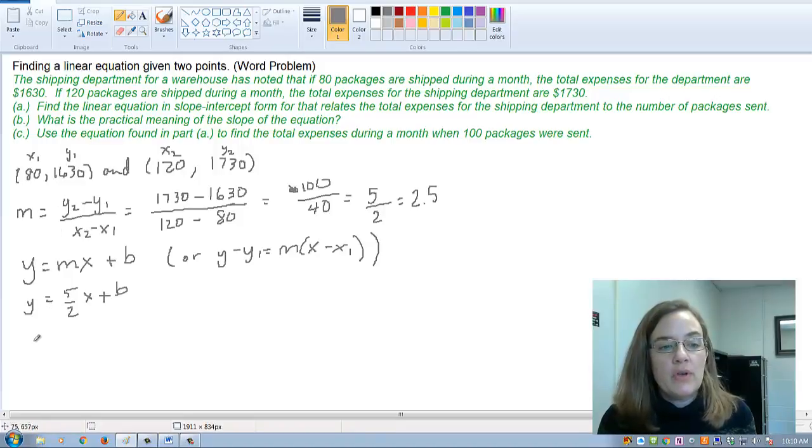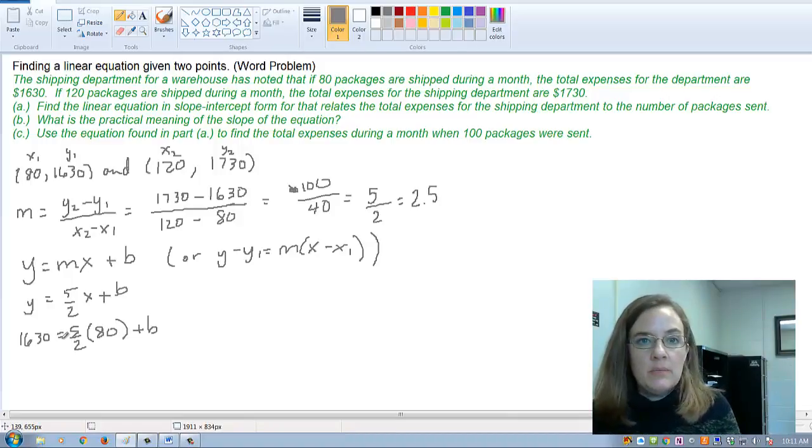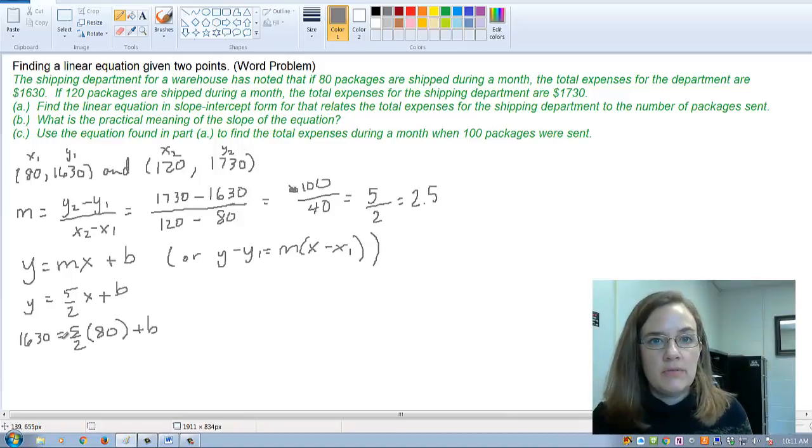Okay, so I'm going to have 1630 is equal to 5/2 times the 80 plus b. Now, if you stress about using your fractions, just type it into your calculator.